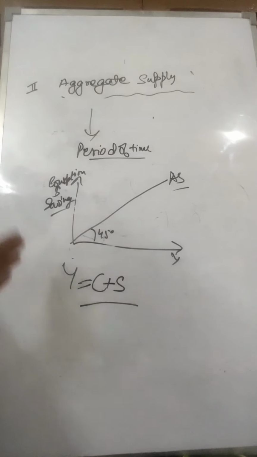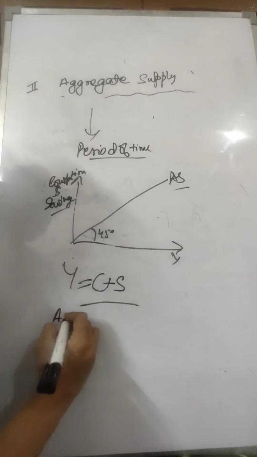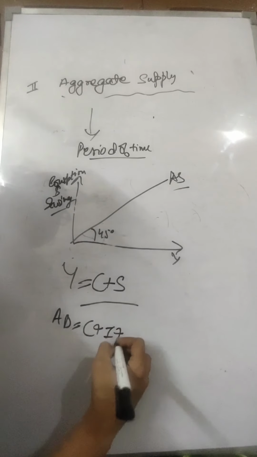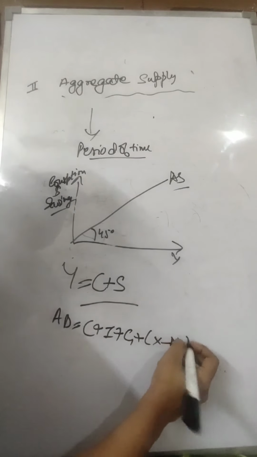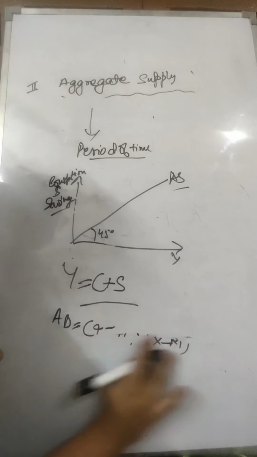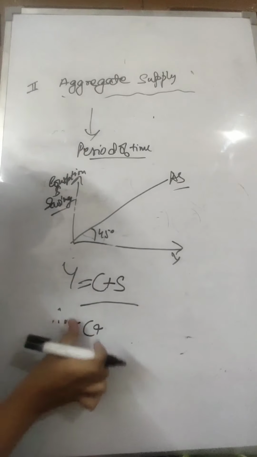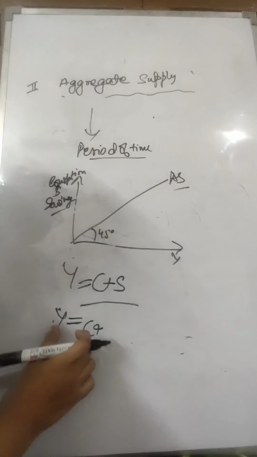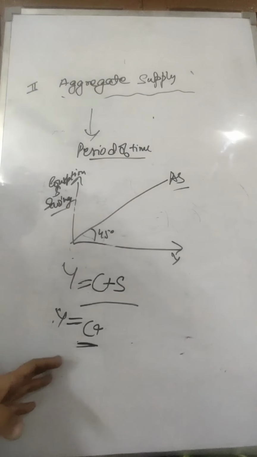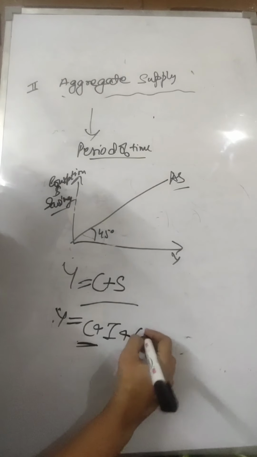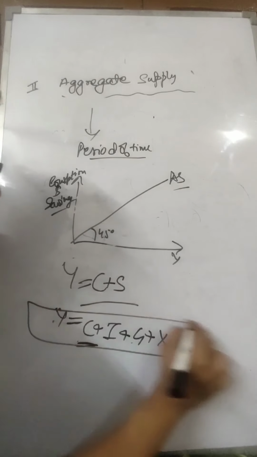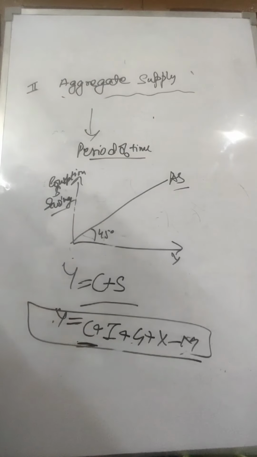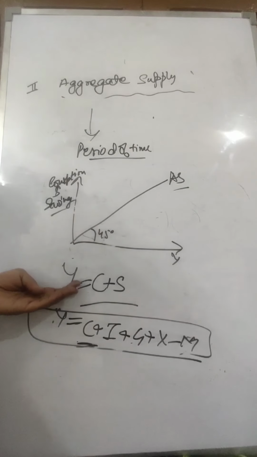Okay, now earlier I discussed with you that AD is equal to C plus I plus G plus X minus M. All right, and if I don't consider these, then my Y aggregate demand is also equal to Y. Your Y is equal to C plus I plus G plus X minus M, so this will be my formula for AD and this will be my formula for AS.